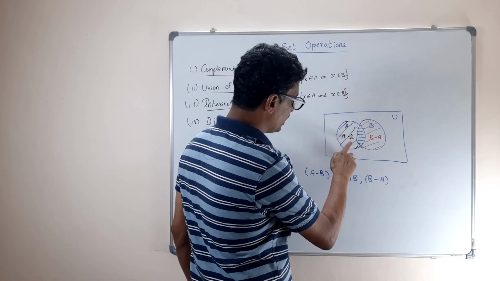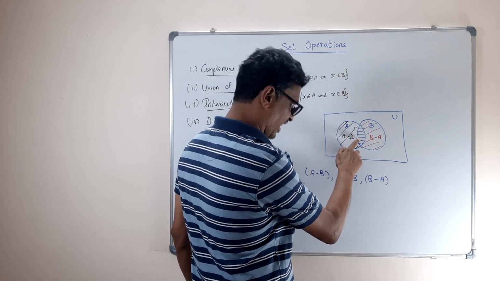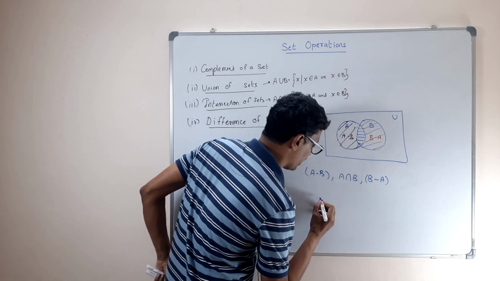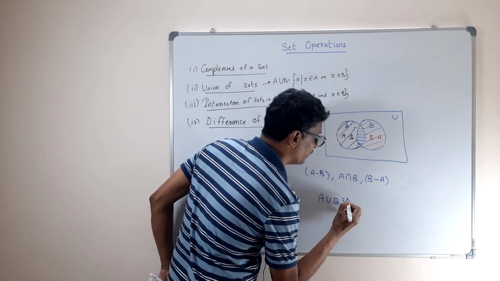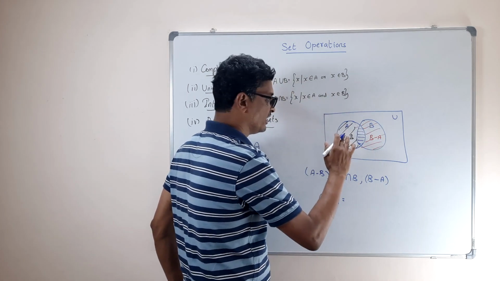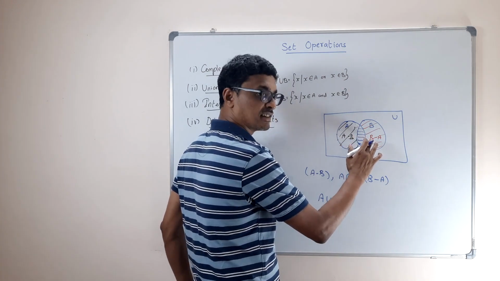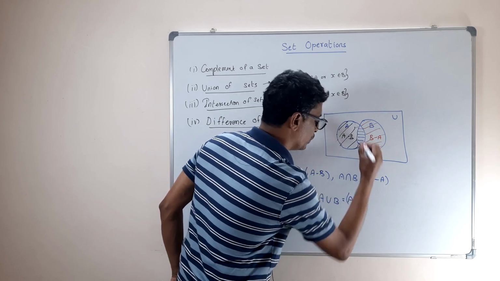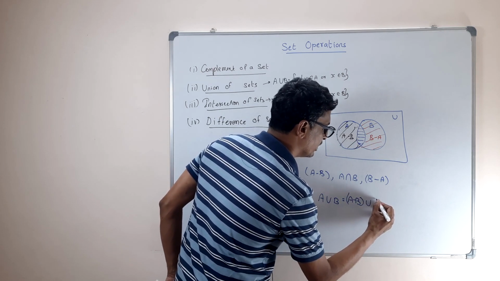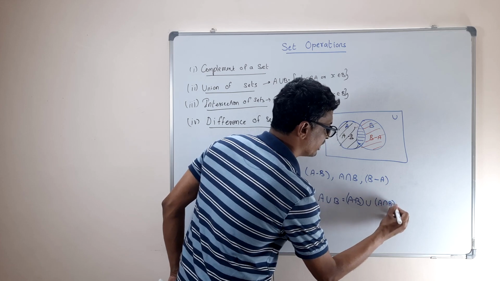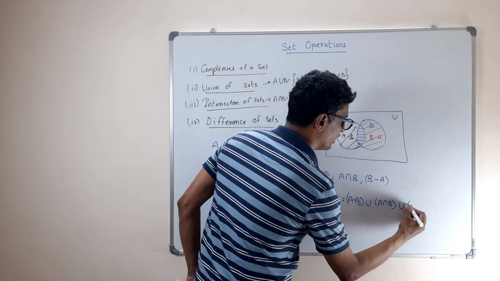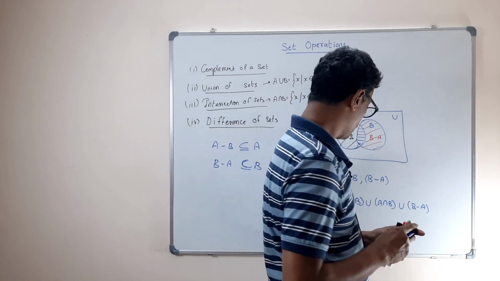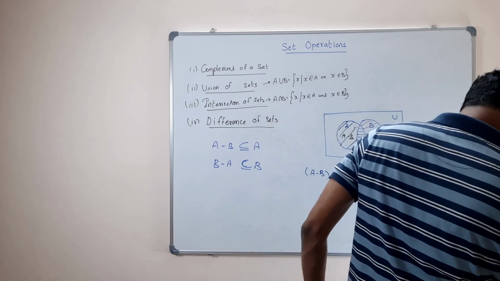A union B is nothing but A minus B, A intersection B and B minus A. So you can write a property directly: A union B, which is the whole thing, is A minus B union A intersection B union B minus A. That's it. Got it?